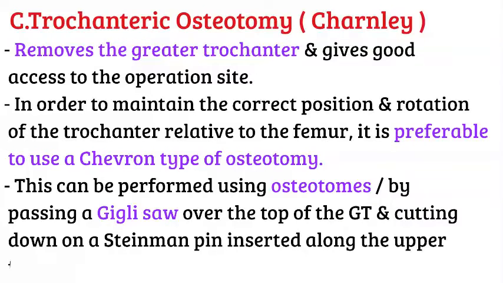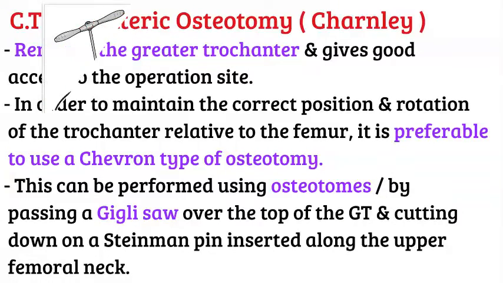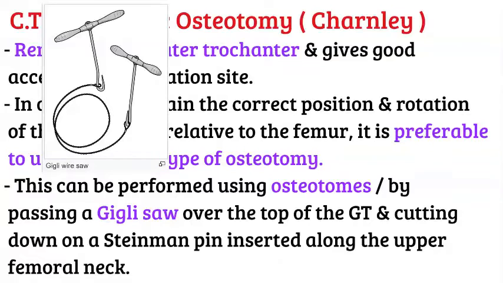This can be performed using an osteotome or passing a Gigli saw over the top of the retrotrochanter and cutting down on a Steinmann pin inserted along the upper femoral neck. The left-hand picture depicts a Gigli saw.